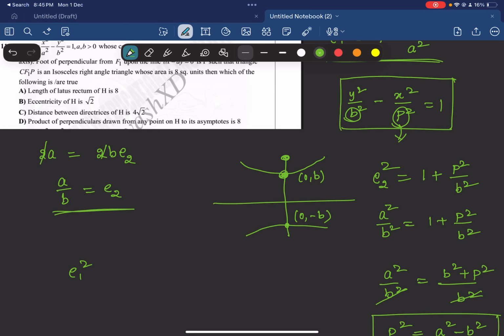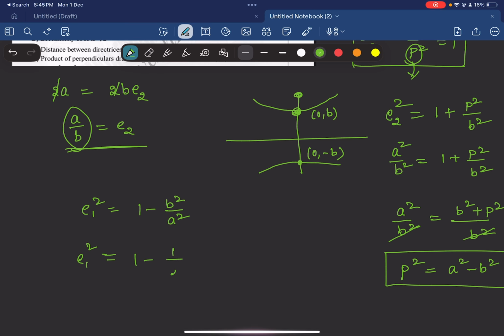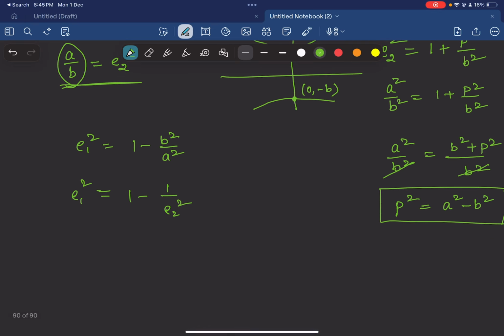So E1 square equals 1 minus b square upon a square. So E1 square equals 1 minus 1 by E2 square, since b upon a is 1 by E2. So that will be E1 square equals E2 square minus 1 upon E2 square.